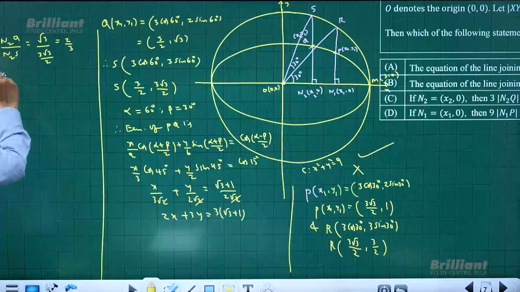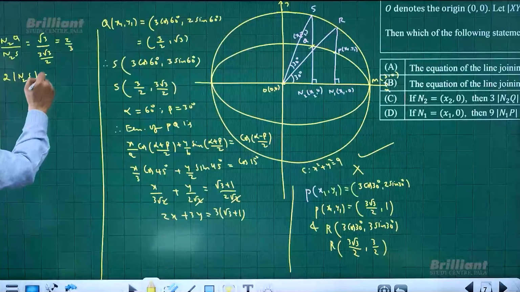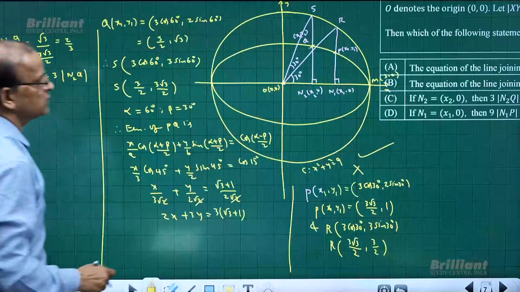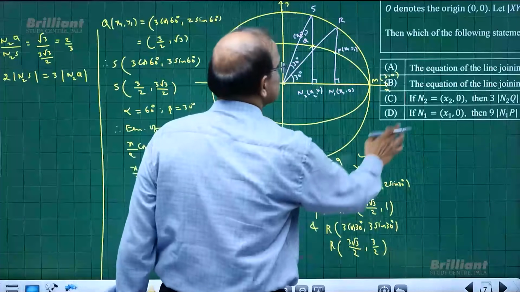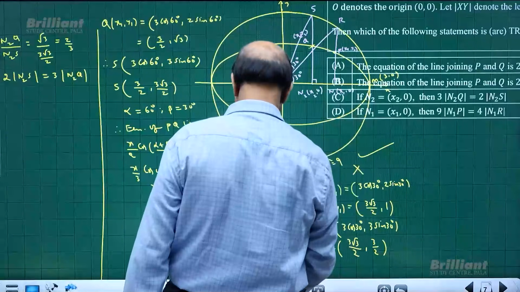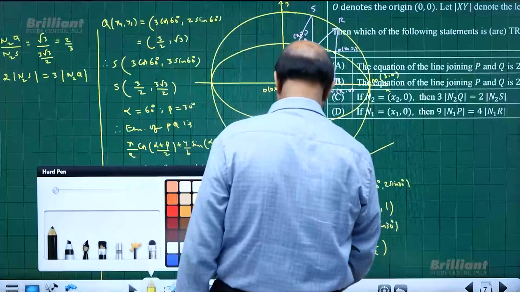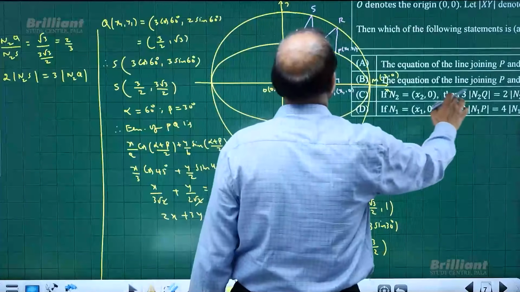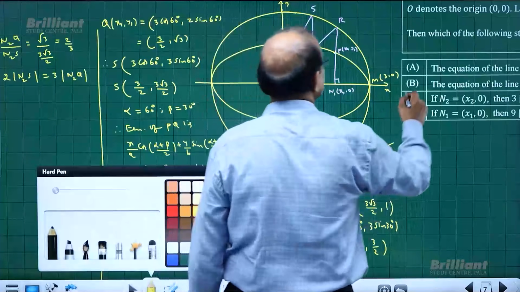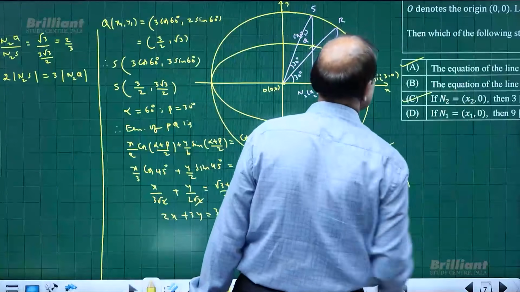So, cross multiply, 2 N2S equals 3 N2Q, yes. So, 3 N2Q is equal to 2 N2S, correct. So, that is option C, correct. So, A is correct and C is correct.